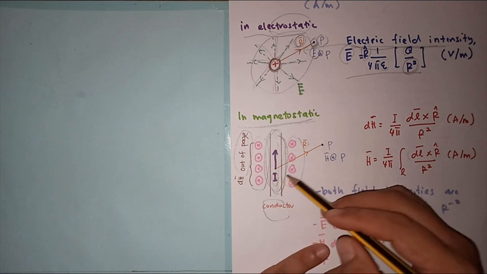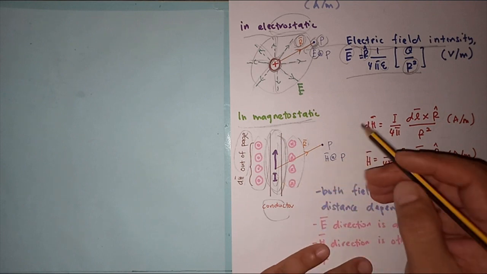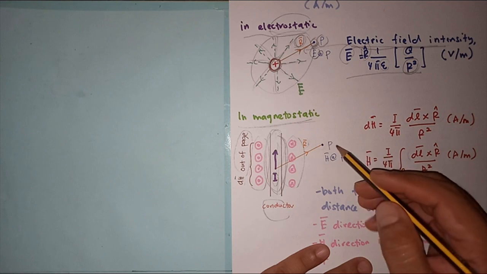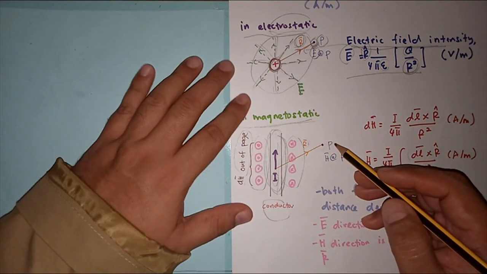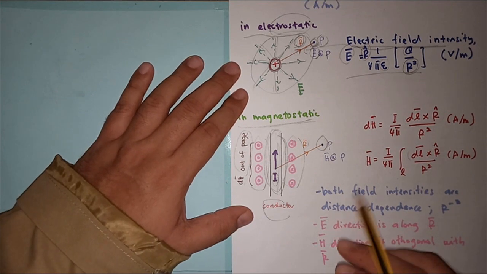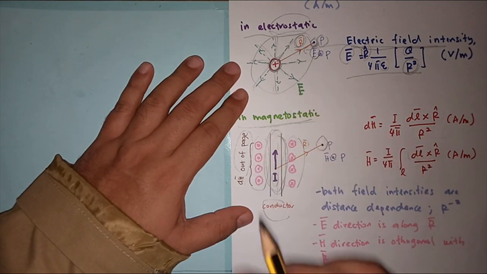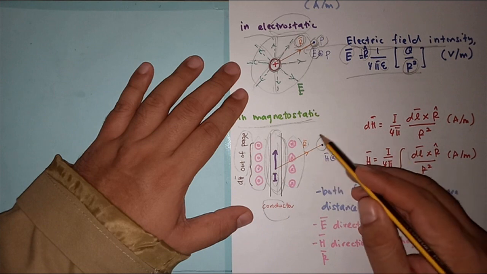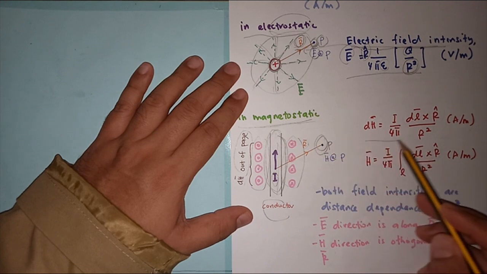Let's say we want to find the expression for the magnetic field intensity at this P point, for example. By referring to the Biot-Savart law, the expression for H can be expressed like this one.